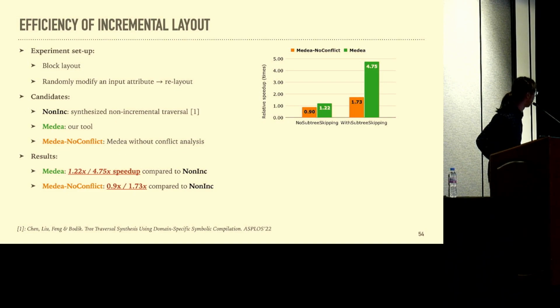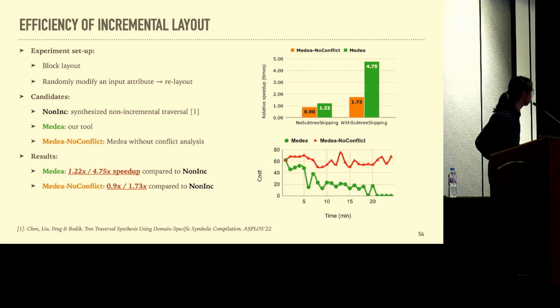And we found that Medea is able to achieve up to 4.75 times speedup over the non-incremental version, while if we don't use the conflict analysis, we can only achieve up to 1.73 times speedup. And to explain the difference, we came up with a static cost model that monitors the quality of the candidates as we progress through the iterations. And you can see that Medea generally finds better and better candidates, while without conflict analysis, we're kind of stuck.